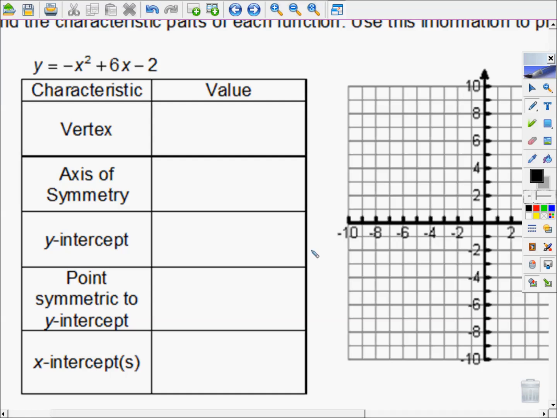You gotta keep the negative in mind. And then the x-intercept. I'm trying to factor it. You have to factor it. Keep the negative in mind. You gotta factor the negative out before you do that.